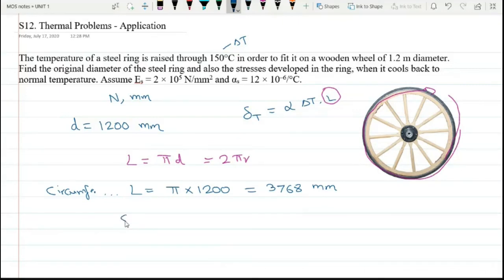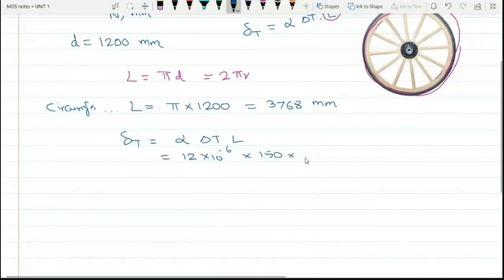So let me identify del L, which is equal to alpha into del T into L. So my alpha is known, which is 12 into 10 power minus 6. My del T is temperature, which is 150 degrees centigrade. And my length is 3768.